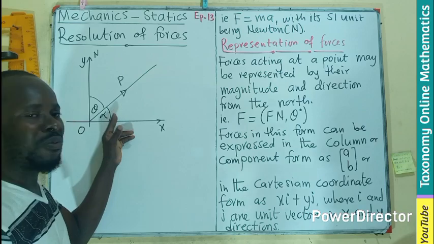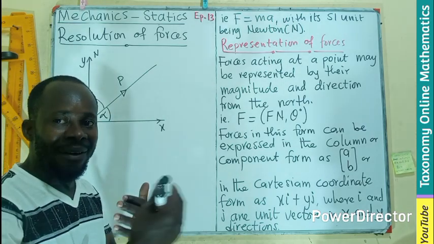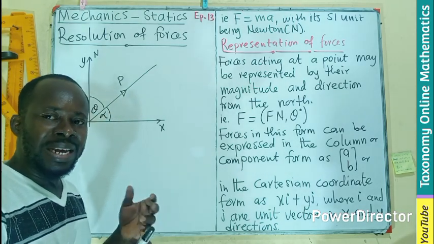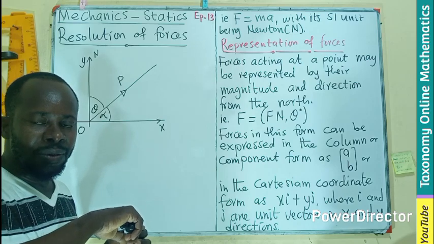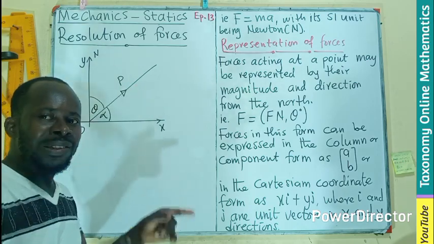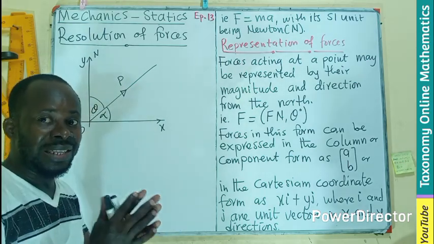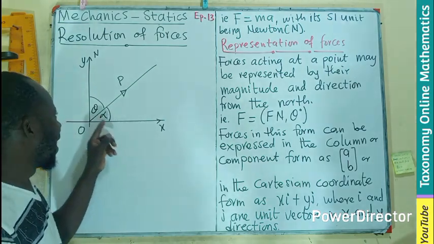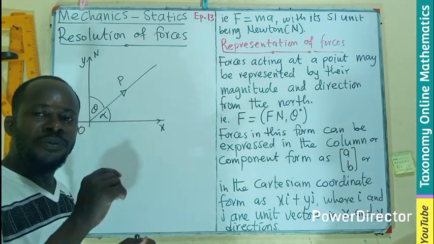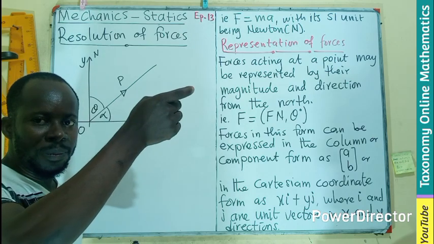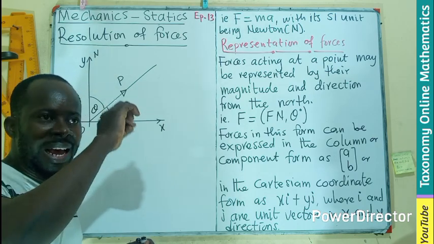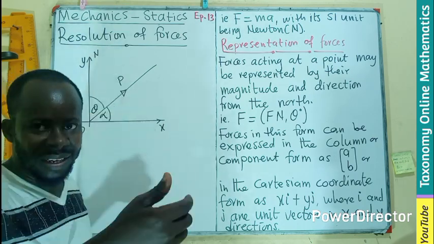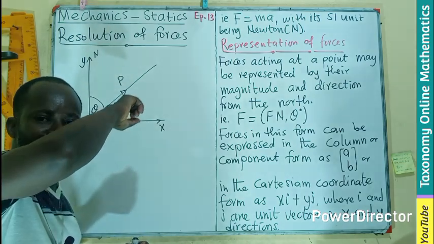Now this alpha is the direction of the force in the anti-clockwise direction, the angle in the anti-clockwise direction that the force makes with the x-axis. Then the theta is the direction that the force makes, measured from the north.